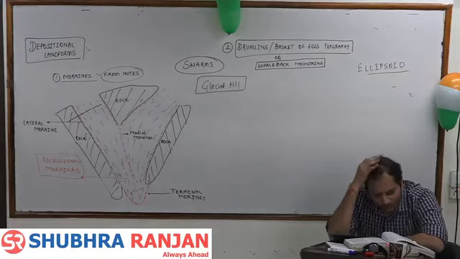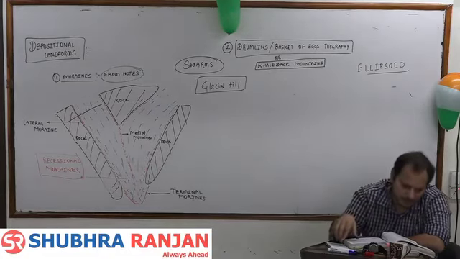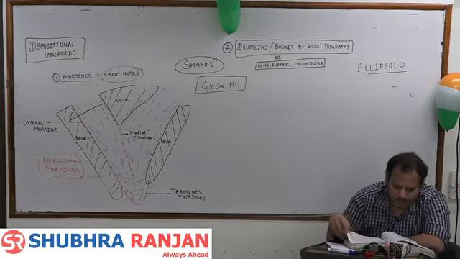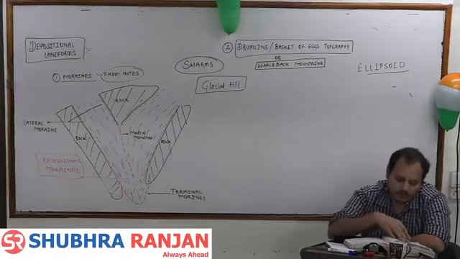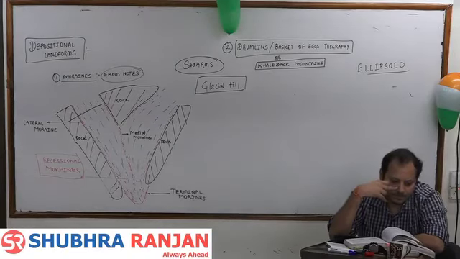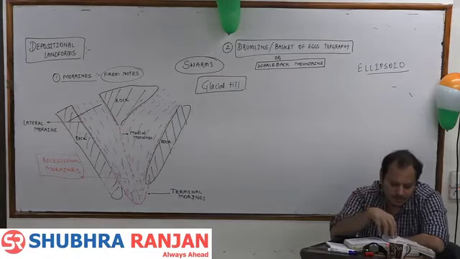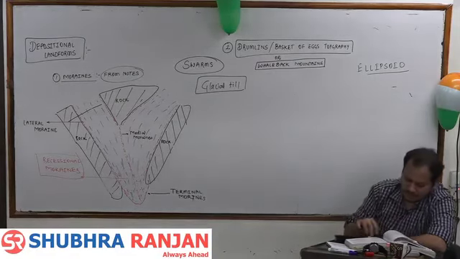Drumlins are not found in all the glaciated regions of the world, but are restricted to Europe and North American continents.